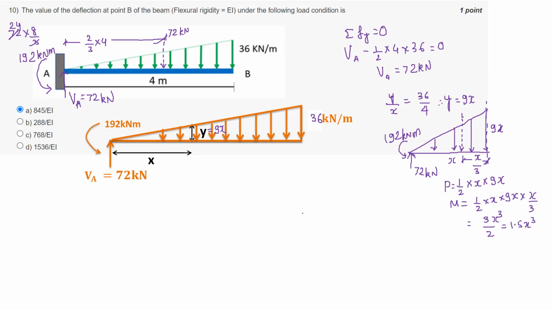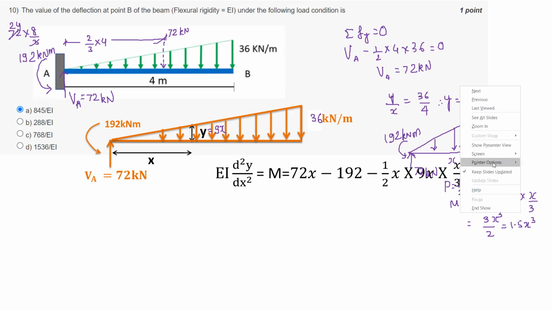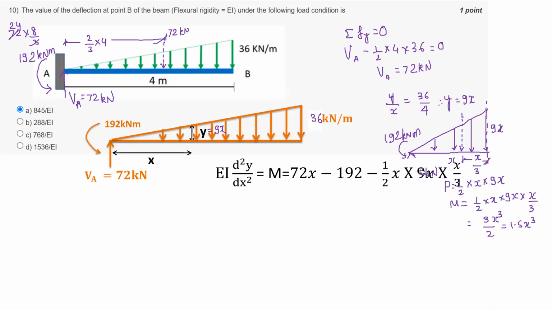And now we will write the equation. We have this equation, which we have already seen, so I will just rub this part. Then you can see we have this equation 72x.